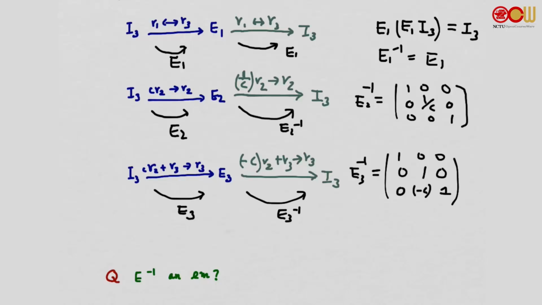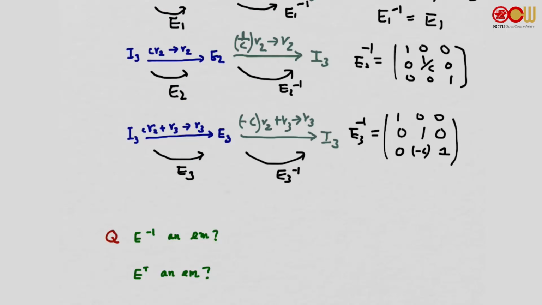If we look at each operation, interchange, scaling, row addition, we see that each inverse, this is E1 inverse, corresponds actually to an elementary row operation as well. So again, it's an elementary matrix.